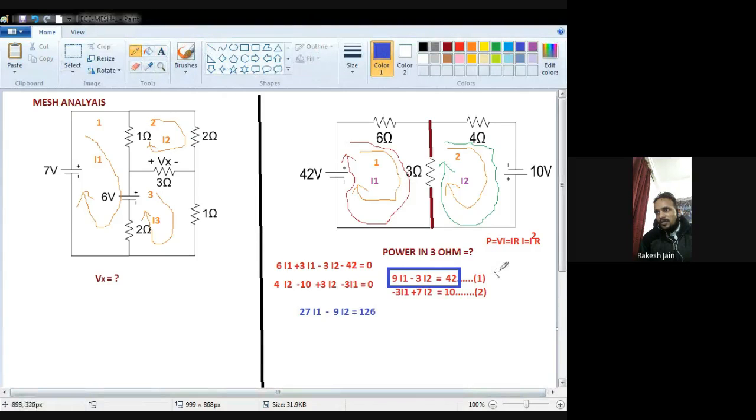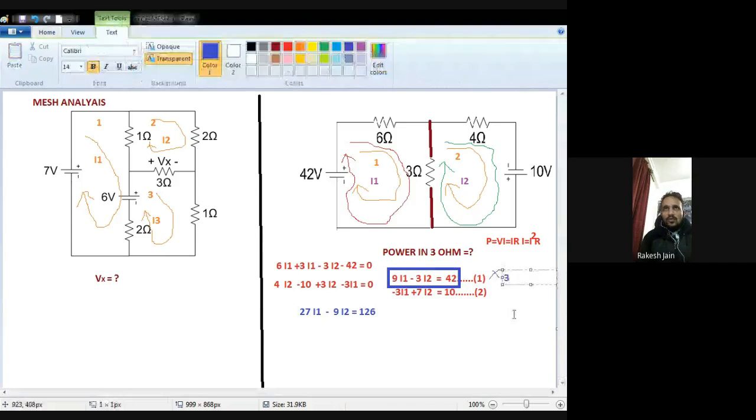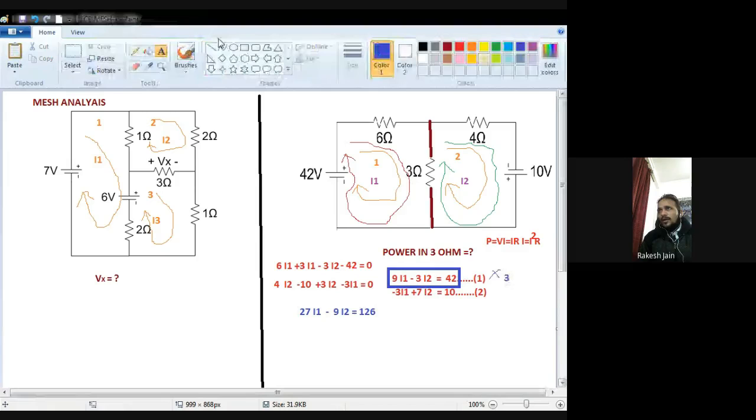I multiplied this equation by 3, and this second equation will be multiplied by 9. Now 9 multiplied by 3 is again 27.